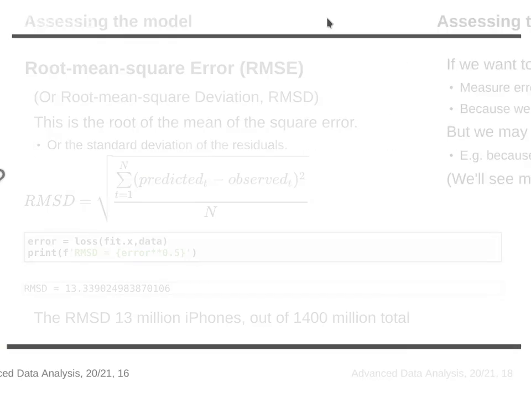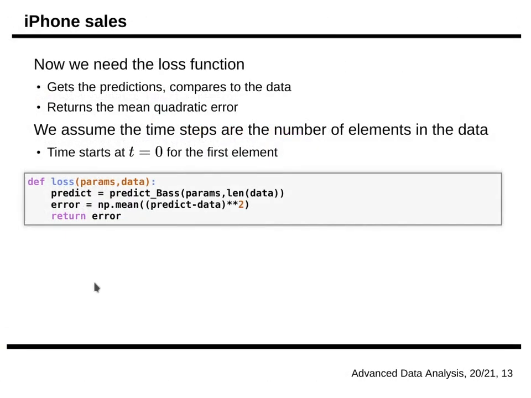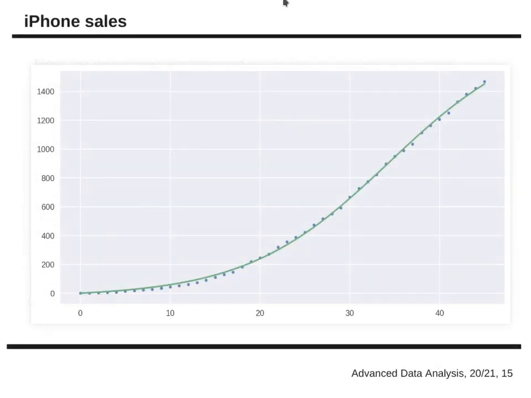The problem with this measure is that the units are a bit strange. If we compute the mean of the square of the difference between the predicted value in number of sales and the actual value in number of sales, it will be the square of the number of sales, which is something that is strange. So iPhone squared is a strange unit.